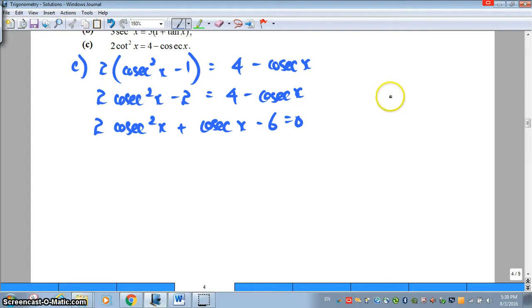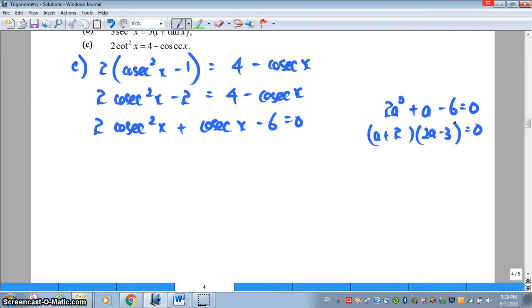If you can't see it, let your cosecant x be a. So 2a squared plus a minus 6 will be equal to 0. So in this case, if you can do some simple factorization, now you replace your a back by cosecant x.